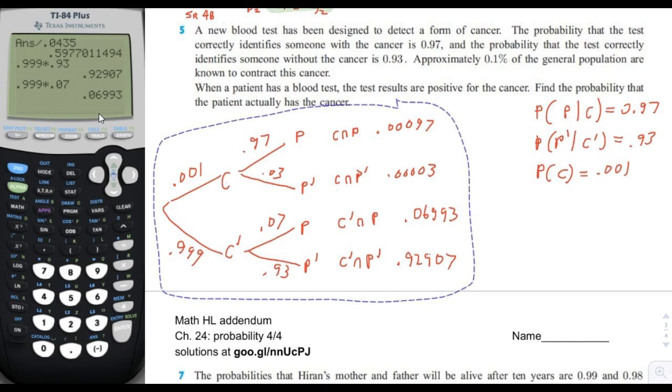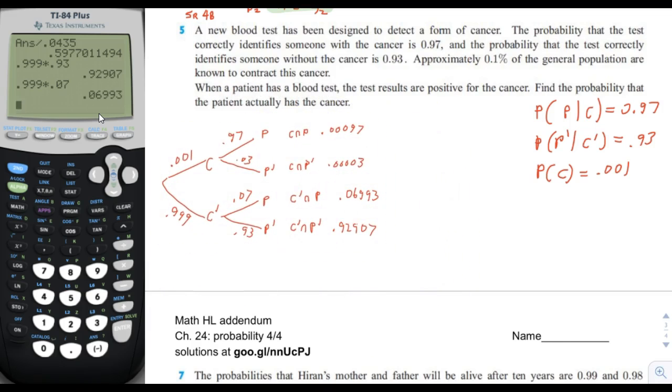Now, let's do the analysis. So when a patient has a blood test, the test results are positive for cancer. Find the probability that the patient actually has the cancer. So testing positive for cancer is this outcome, and it's this outcome.